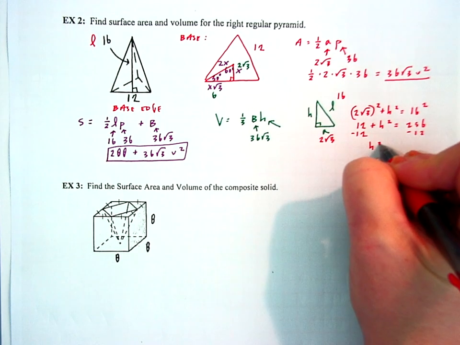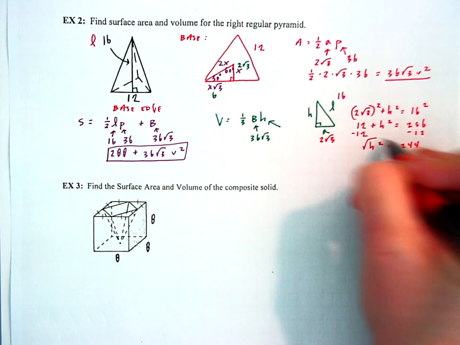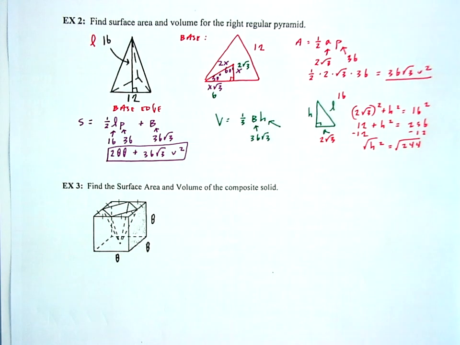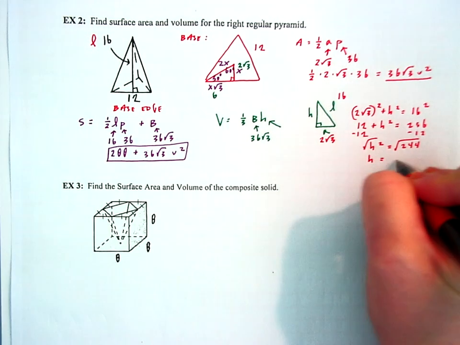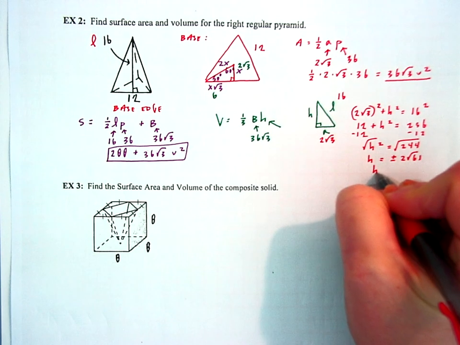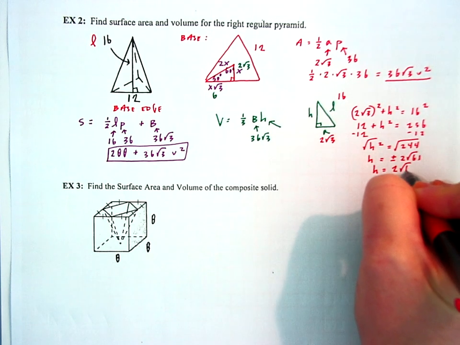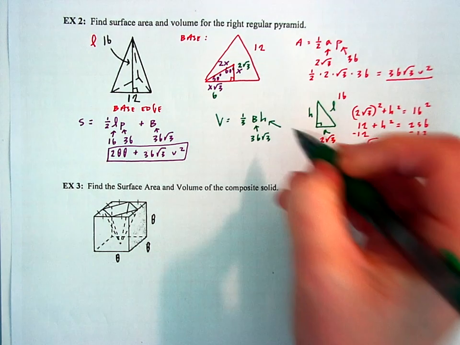My height squared equals 244. Take the square root of each side. 244 will be 4 times 61. So my height would be plus or minus 2 √61, but it can only be the positive. So the height is 2 √61. So that is what's going to plug in right here.